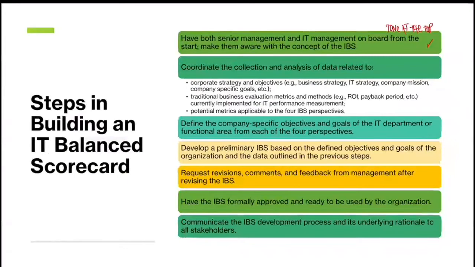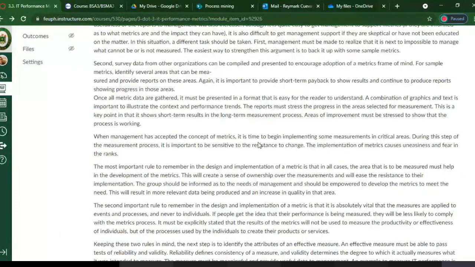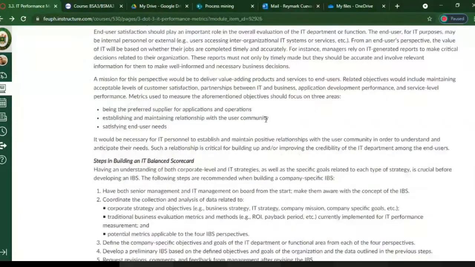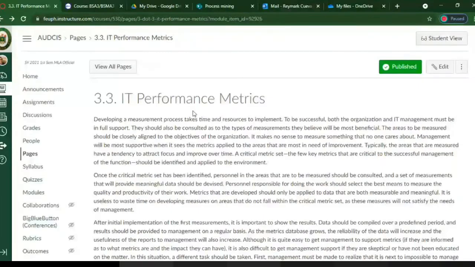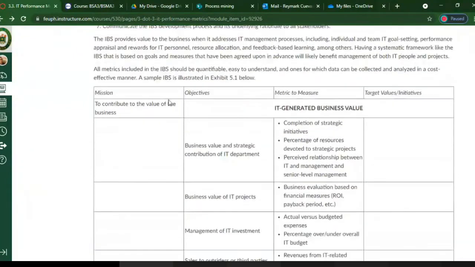So let's see. Okay, so here under modules, under performance metrics, you see here an example, IBS.